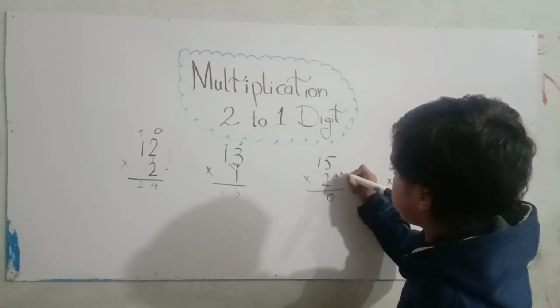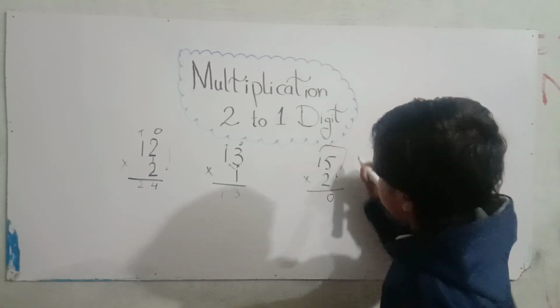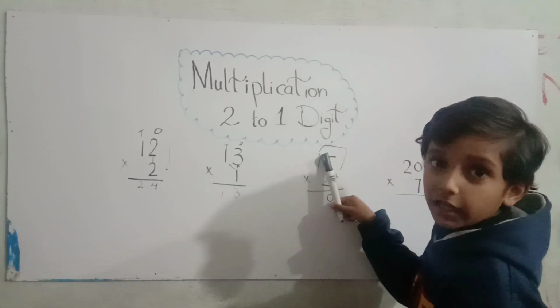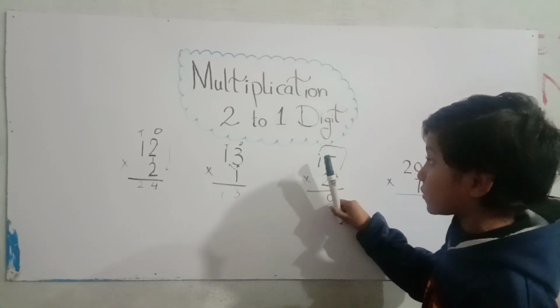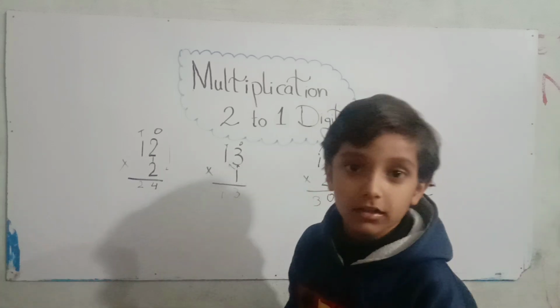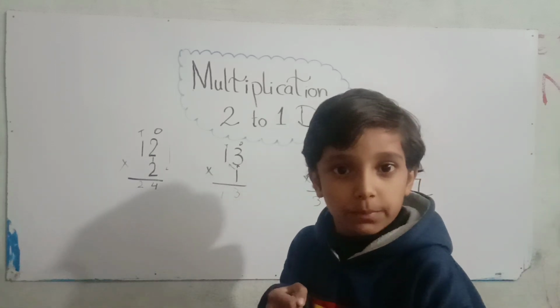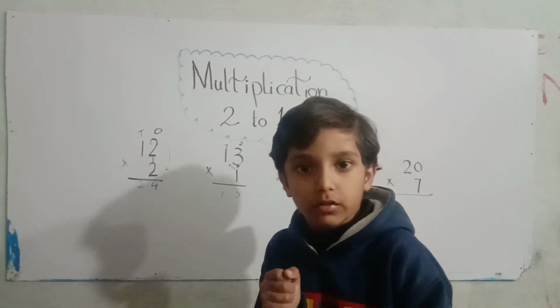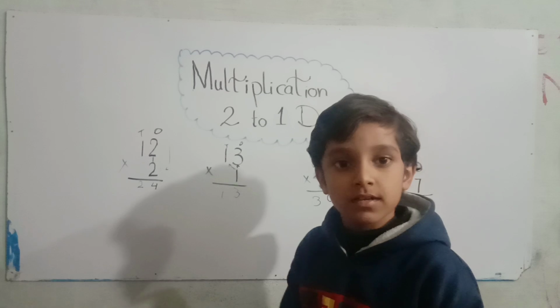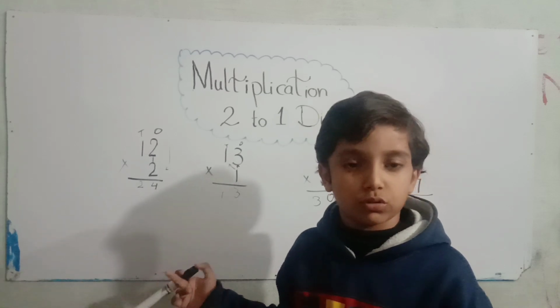Now we have to carry this 1 over here. And 2 times 1 is 2. Plus 1 is 3. If you want to multiply 200 times 200, you do multiplication, not plus. Plus will take too long.